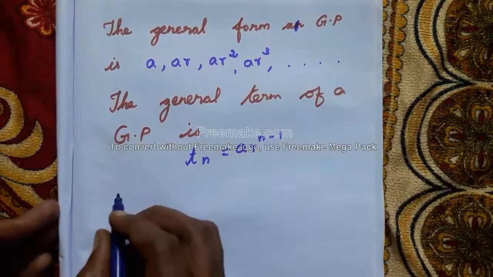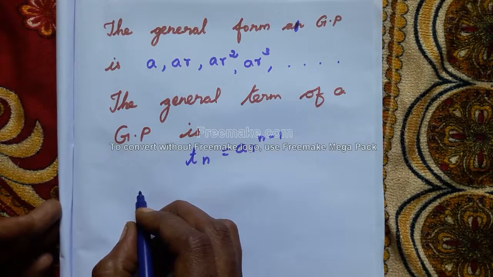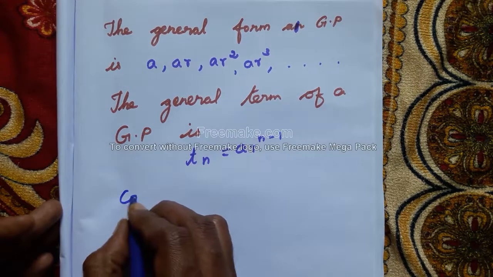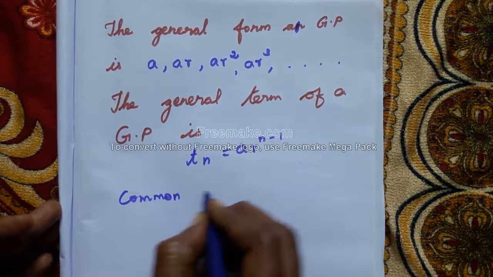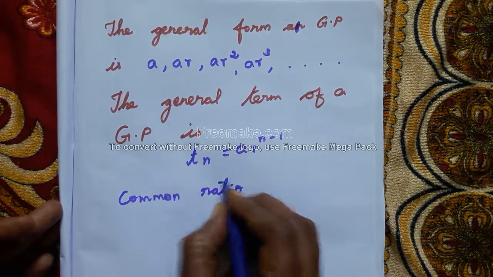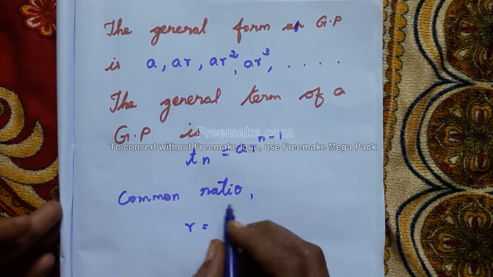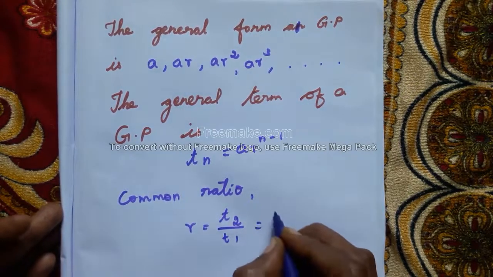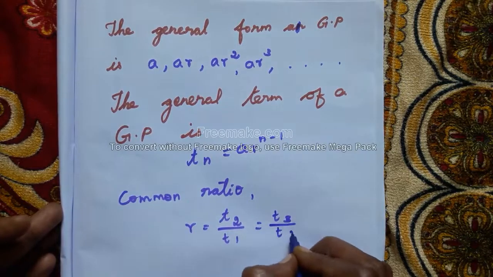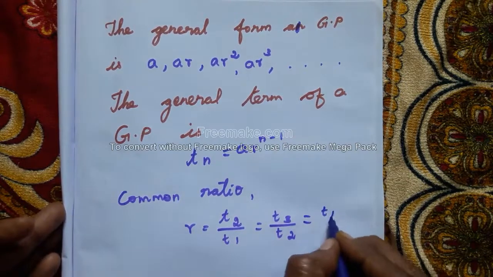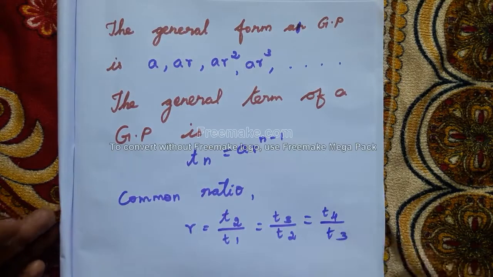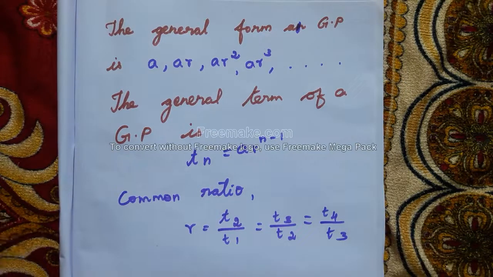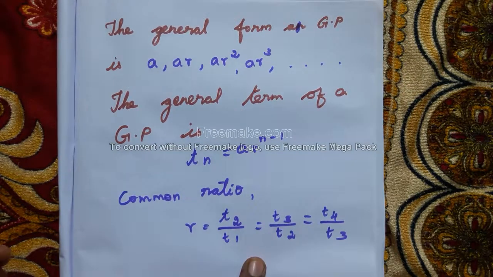Next, here R is equal to the common ratio. Common ratio R is equal to T2 by T1 is equal to T3 by T2 is equal to T4 by T3. In arithmetic progression you have learned the common difference, isn't it? Common difference D is equal to T2 minus T1.